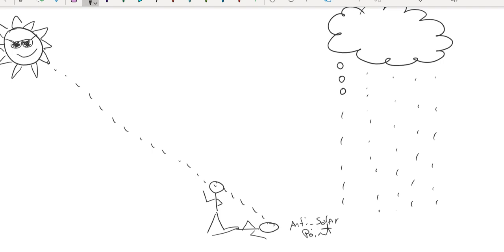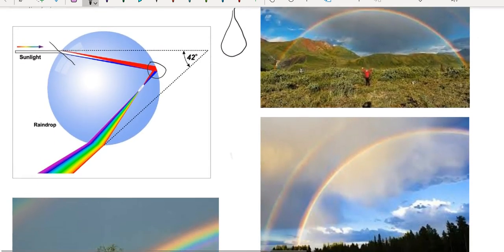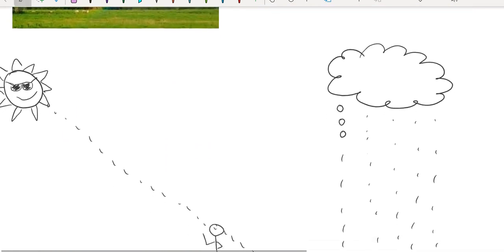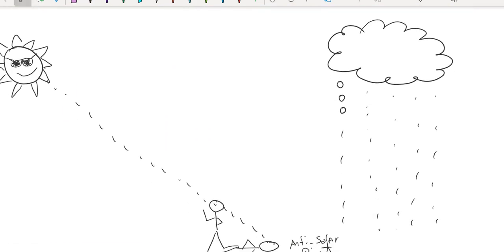Okay. Now, as we recall, we look at this picture, the reds are on the bottom, the blues are on the top. So what I'm going to do is start by drawing the red. Each of these raindrops has a red light coming off the bottom, and these would be basically parallel.